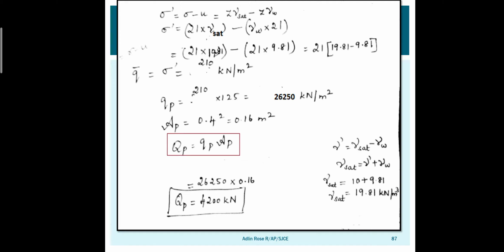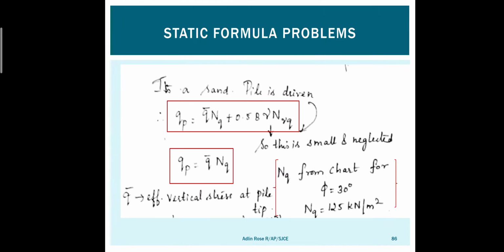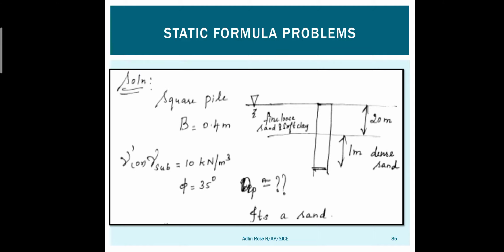So gamma H is the total pressure. What is the total length of the soil? 20 meters of loose sand, 1 meter of dense sand. So what is the total depth of the soil? 21 meters.